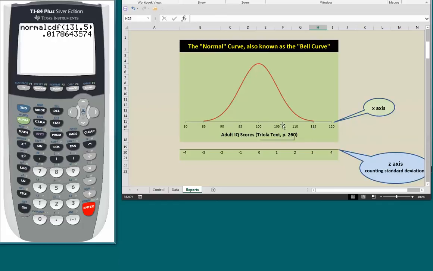So 100 plus 5 is 105, plus 5 is 110, plus 5 is 115. We're trying to find the probability that out of 9 people, their average IQ is above 133. We can't even shade that on here because 133 is off the picture. It's way out here. So what we're finding just from looking at this, that our probability is going to be about 0.